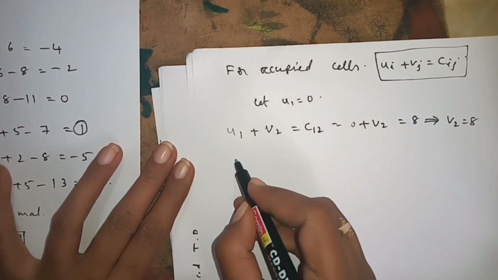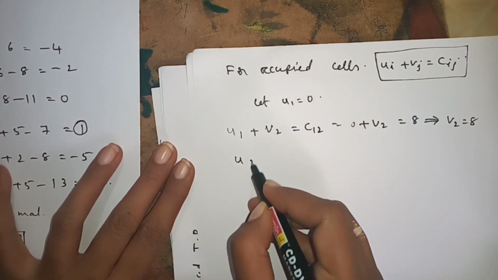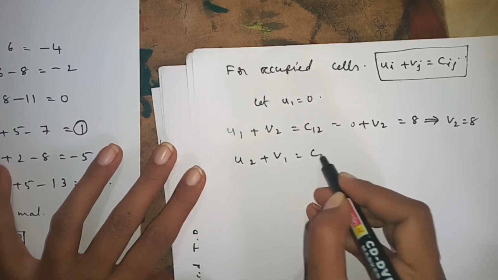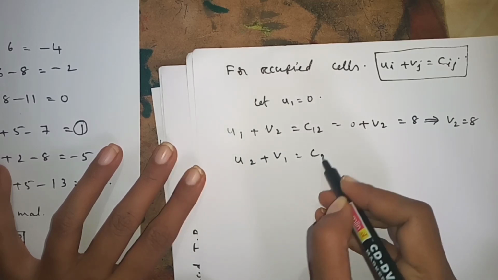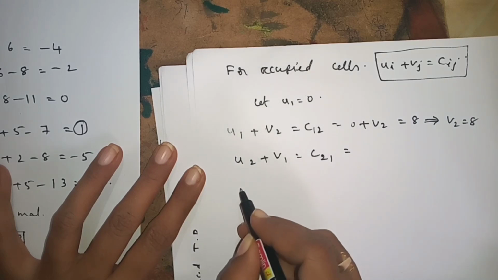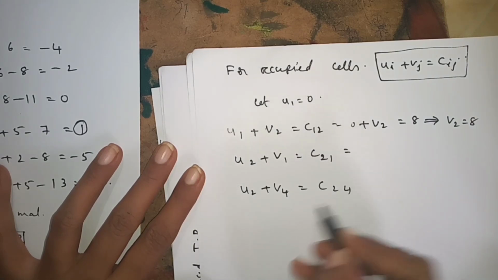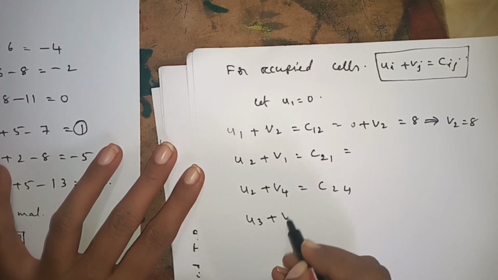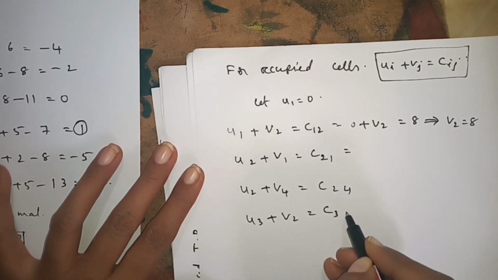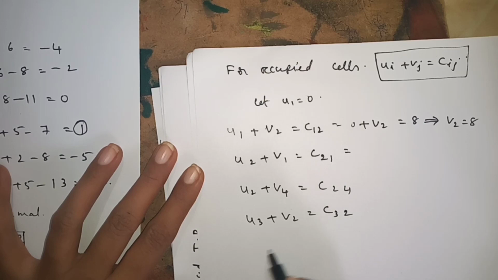In the same way, U2 plus V1 is equal to the occupied value C21. U2 plus V4 is equal to C24. U3 plus V2 is equal to C32.